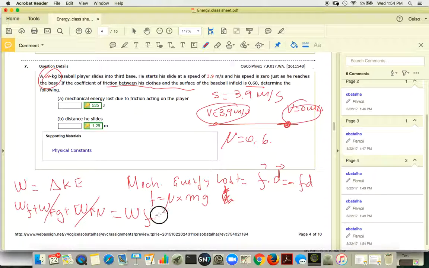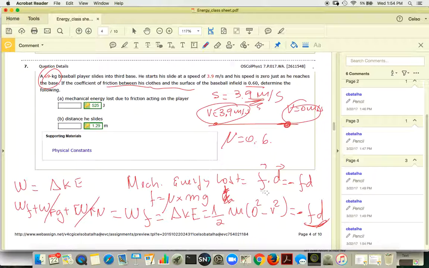So the work done by friction, which is the mechanical energy that is dissipated, is equal to the change in kinetic energy, which is half the mass of that person times the final velocity squared minus the initial velocity squared, which is 3.9. And this is equal to the loss, right? And then you can get your mechanical energy.